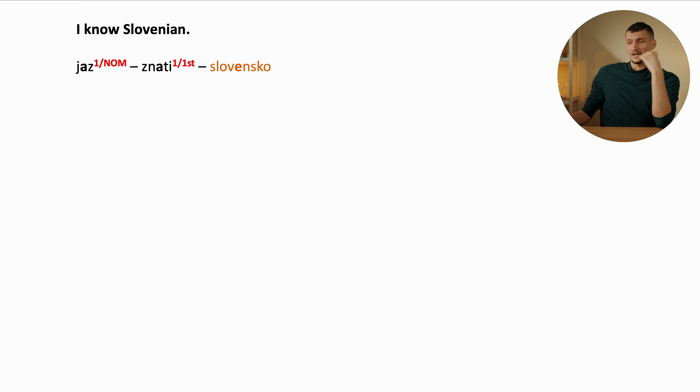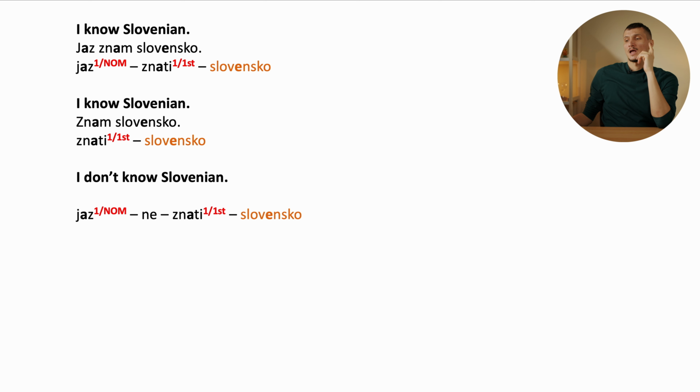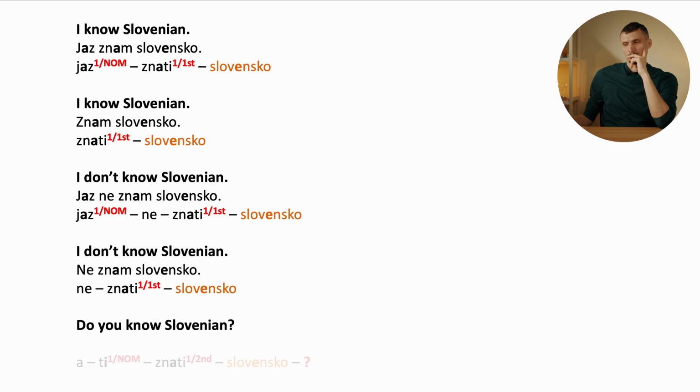So I know Slovenian is jaz znam slovensko. I know Slovenian again. Znam slovensko. I don't know Slovenian. Jaz ne znam slovensko. I don't know Slovenian again. Ne znam slovensko. Do you know Slovenian? A ti znaš slovensko?